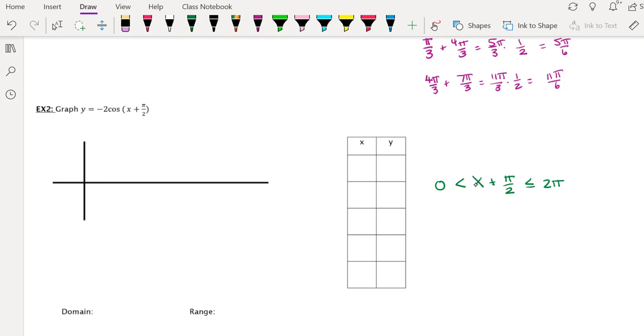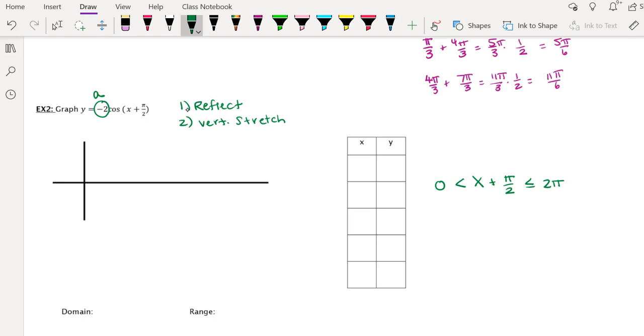The -2 affects my amplitude. That tells me I'm going to reflect, and I'm also going to have a vertical stretch. So my max and my min are going to go to positive and -2.